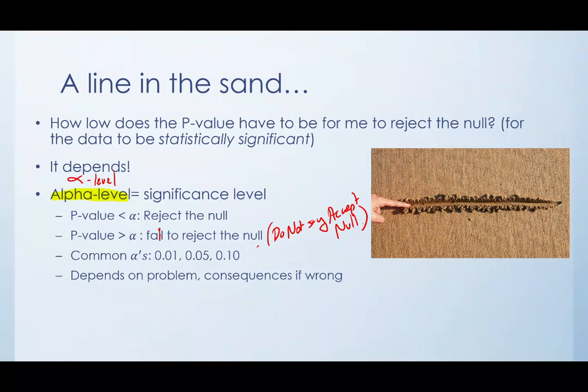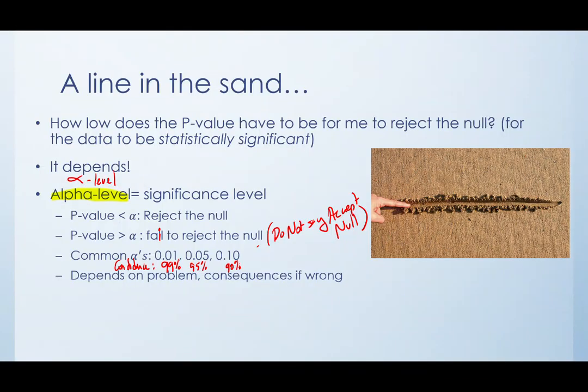You'll note that these are all the complements to our most common confidence levels of 99%, 95%, and 90%. And that's part of the reason why we say that a hypothesis test and a confidence interval are coming at the same problem from opposite directions.